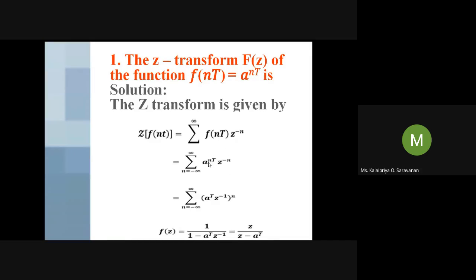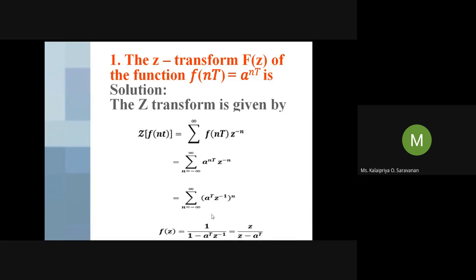Here you find a power n and z power minus n, so I'm taking power n common. You get a power T z power minus 1, the whole power n. This can be written as 1 by 1 minus a, where a is a power T z power minus 1.